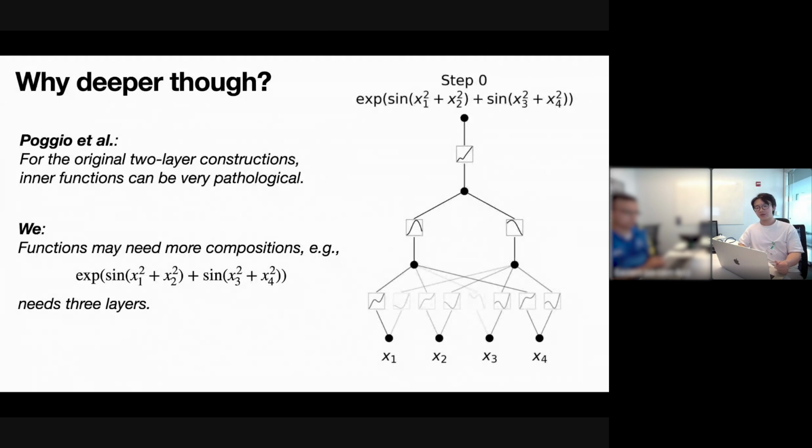Here's one quick example. We have this formula involving exponential, sine, and the squared function, and it actually needs 3 layers to do the task, because there are 3 layers of compositions.